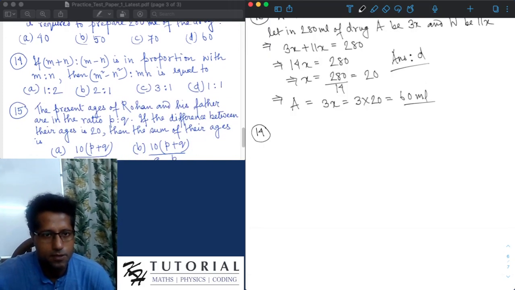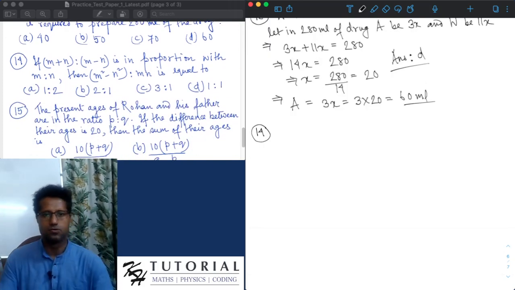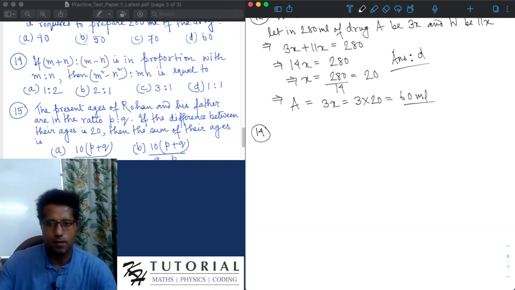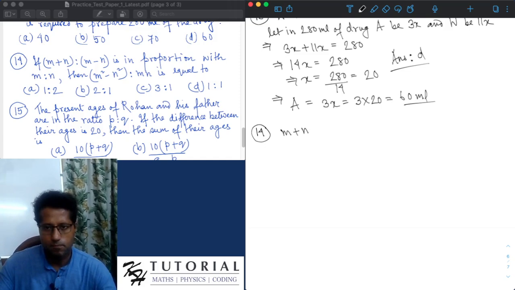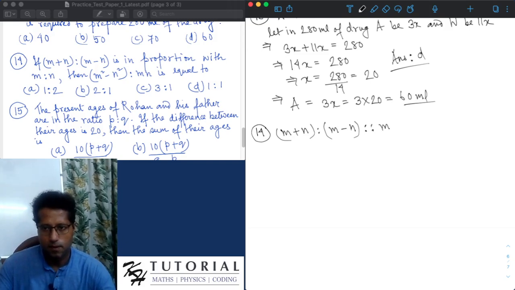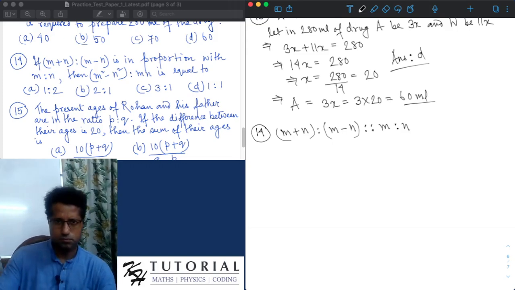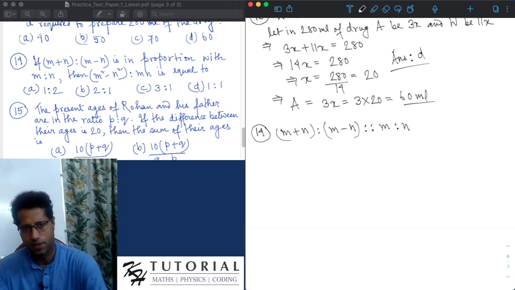Problem number 14 says that if m plus n is to m minus n is in proportion with m is to n, then it has asked to find the ratio of m square minus n square and mn.